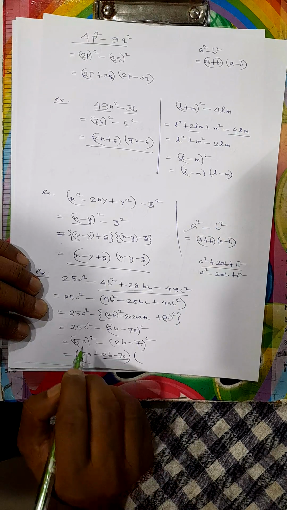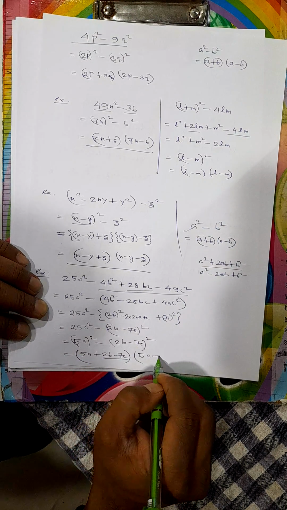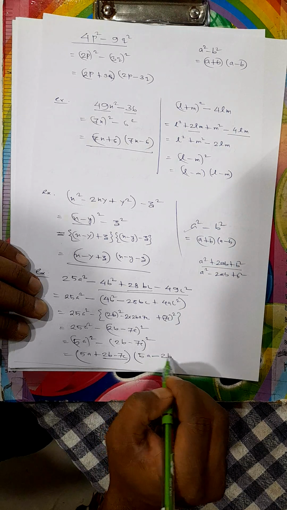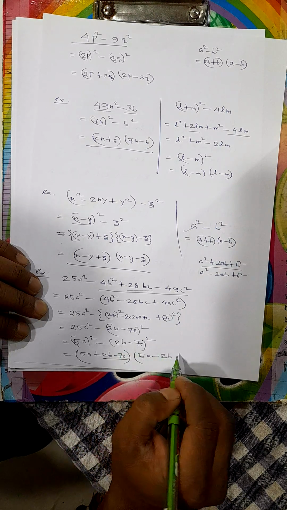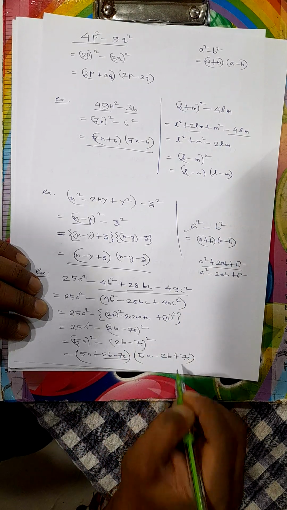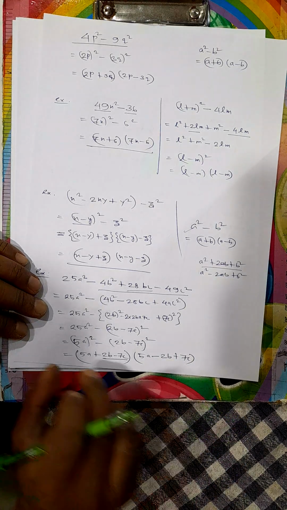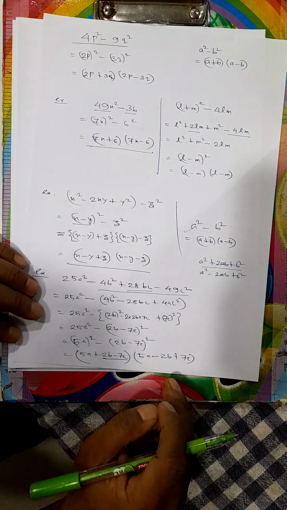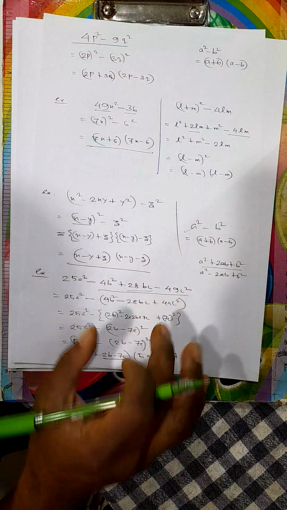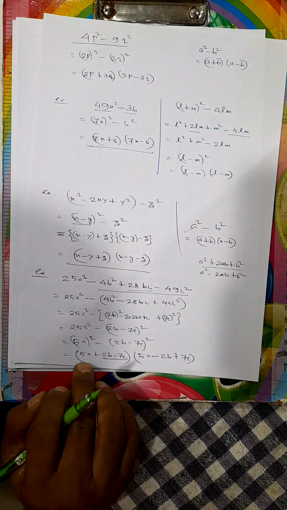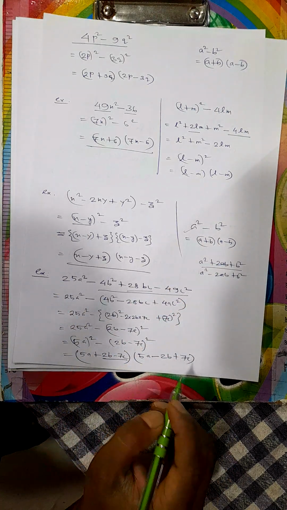Then a minus b: 5a minus 2b minus 7c means plus 7c. So a plus b into a minus b. So the factors of this quadrinomial are a plus b, a minus b.